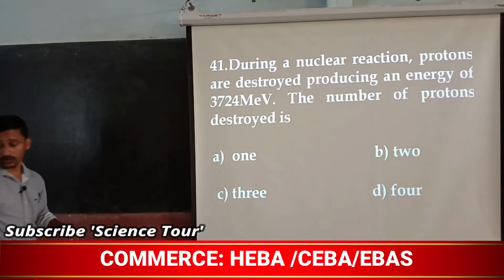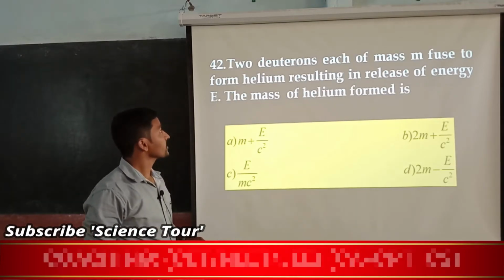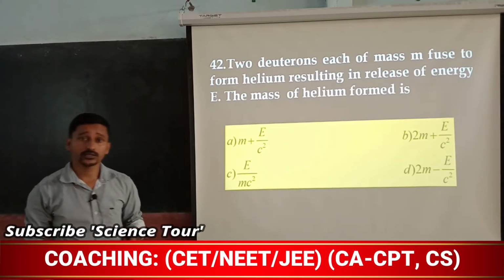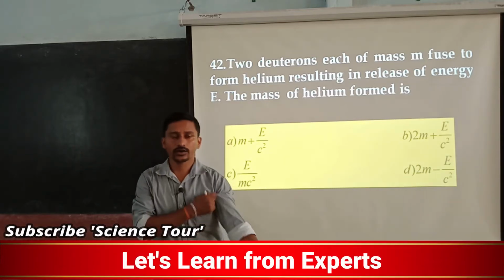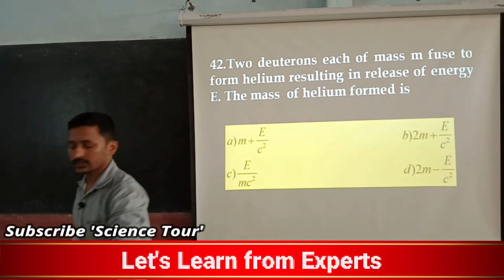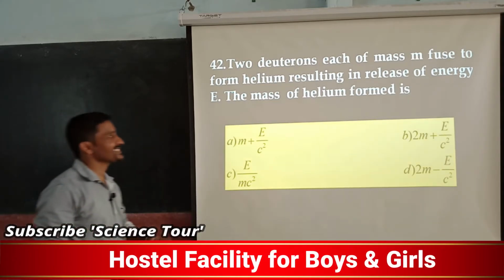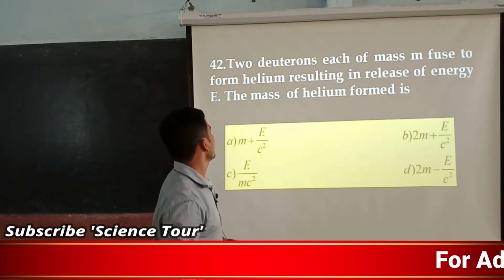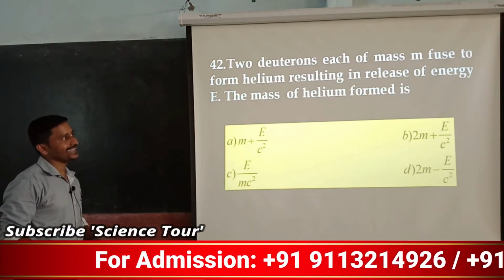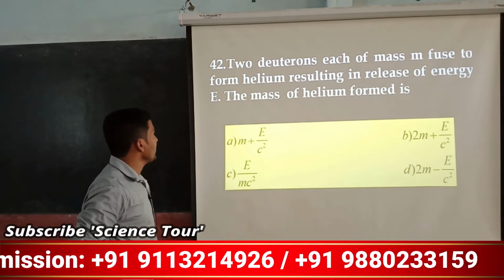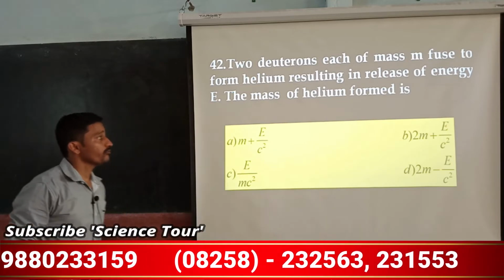Next we are going to talk about one more problem. Deuterons means what? If you don't know, you have to find out. Okay, learn that. That is a work for you. Now, 2 deuterons each of mass m fuse to form helium, resulting in release of energy E. The mass of helium formed.